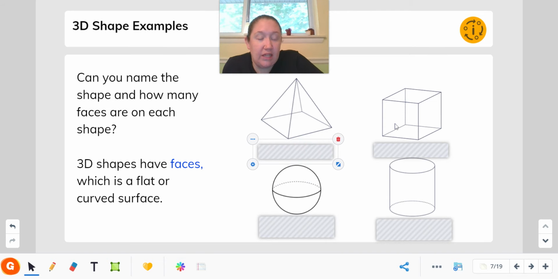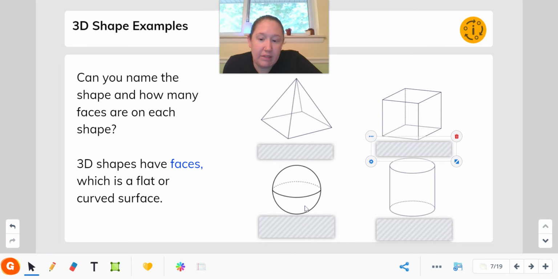This looks like a square, but it's 3D. Do you guys remember what we would call a square that's 3D? Let's count the sides. 1, 2, 3, 4, all the way around, and then the top and the bottom, 5, 6. Do you guys remember what it's called? Cube, 6 sides. Okay, we see this has been divided in half, so there's a top and there's a bottom.